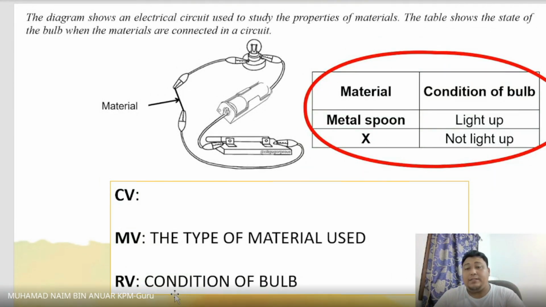On your right side, the condition of the bulb is RV, and CV a lot. You can put length of wire, the amount of battery, the switch and so on. Okay, you know how to answer already for CV. Now we finish all the examples for MV and RV.